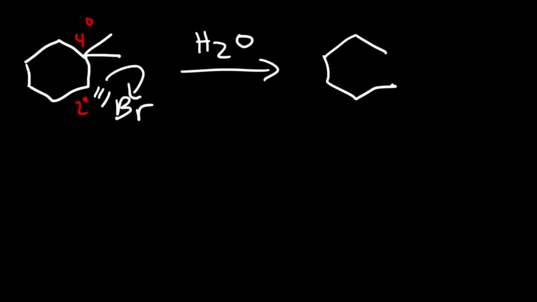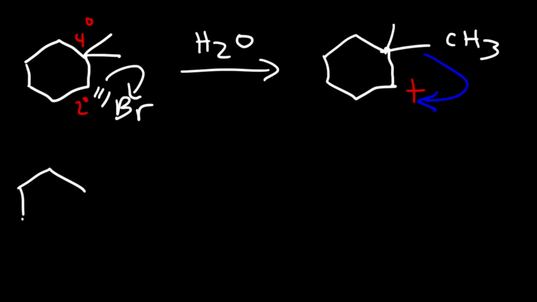And so initially we're going to get a secondary carbocation. And then in the next step, the methyl group is going to move towards the secondary carbocation. And so where the methyl came from, the positive charge will move to that position. And so now we have a tertiary carbocation.